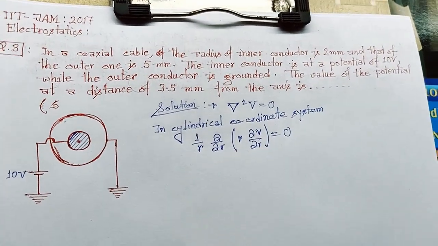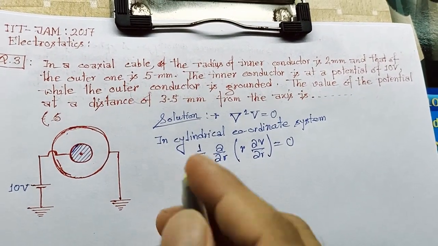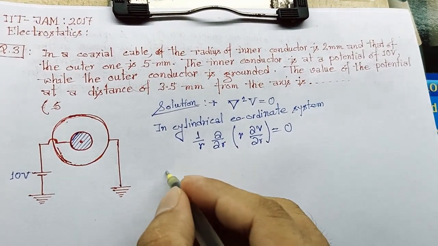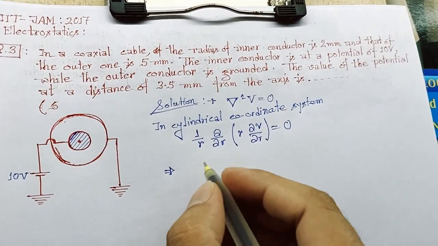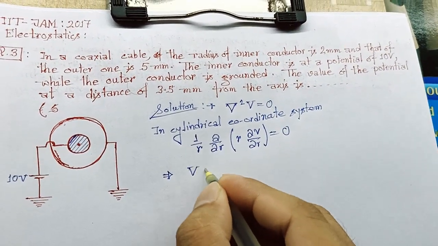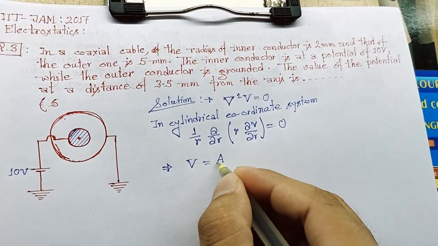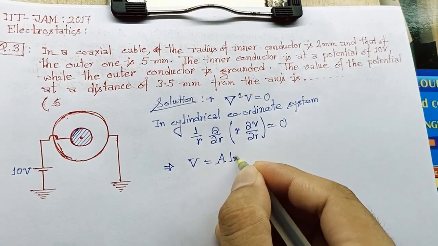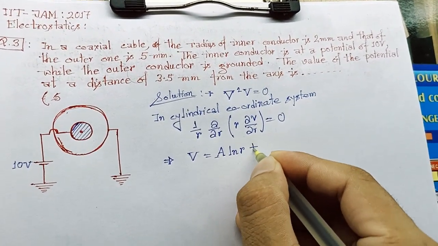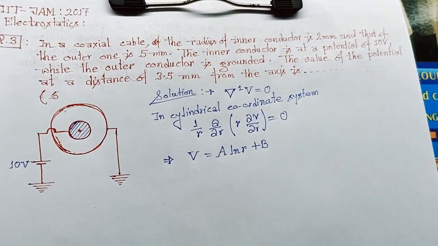So this is the formula for the cylindrical coordinate system for finding potential. If we solve this equation, we'll get the potential V will be equal to A log R plus B, where A and B are arbitrary constants.